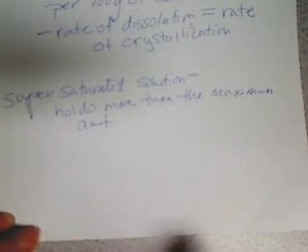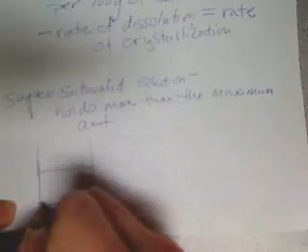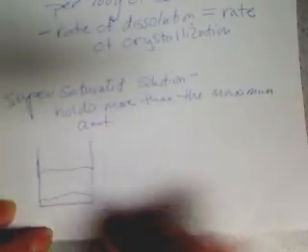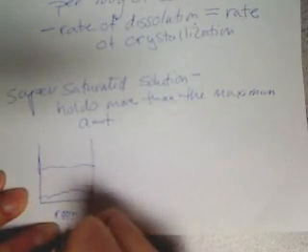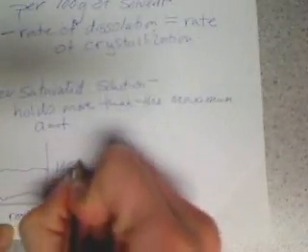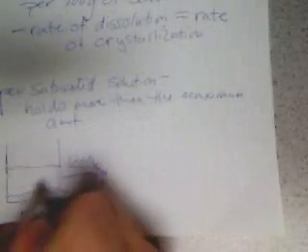Okay? So if I have a solution like that, so here's my solution, and I have a bunch of sugar sitting here at the bottom. And let's say that this is at room temperature. In order to make this a supersaturated solution, I have to heat this. So let's boil it. We're going to put this up to 100 degrees C. And then what's going to happen is the solid that's down here, all of your sugar, it's going to dissolve.